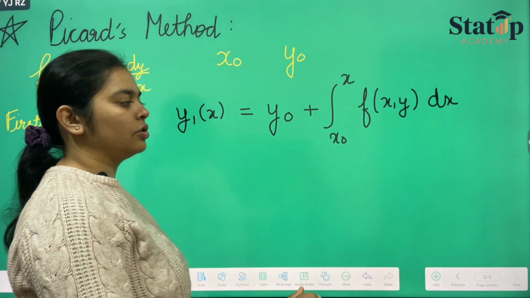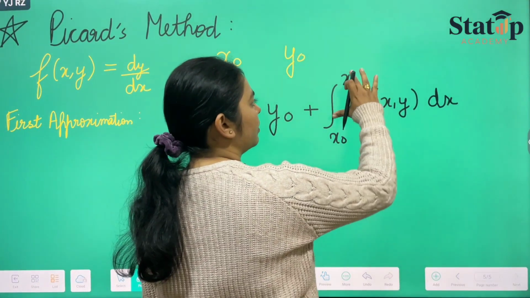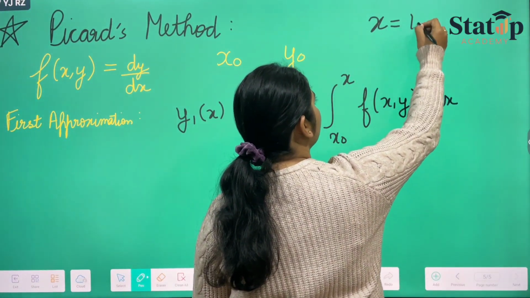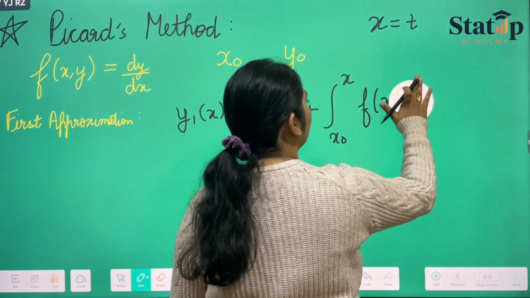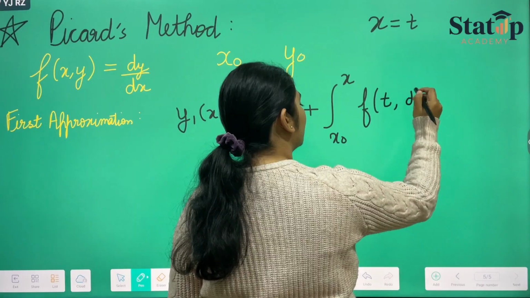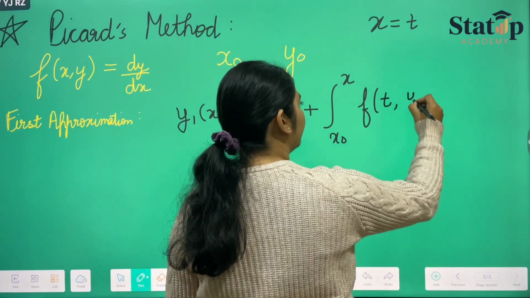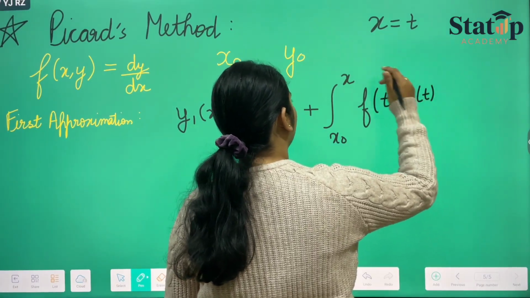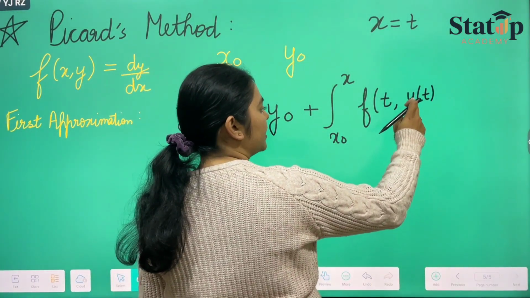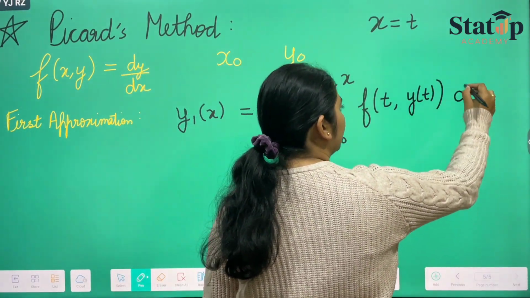Here f(x, y) is used, but because our range is from x naught to x, we substitute x as t. So instead of writing f(x, y), we'll write f(t, y(t)), because these are the variables. y is the dependent variable and x is the independent variable. So y is dependent on x. dt.